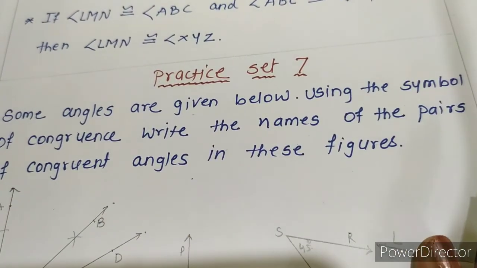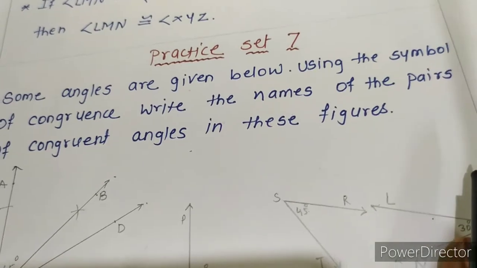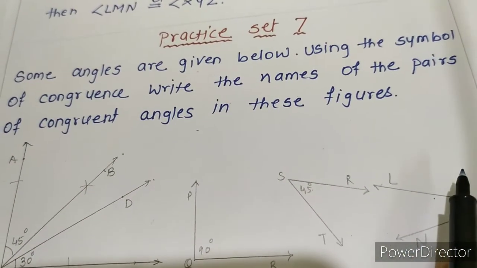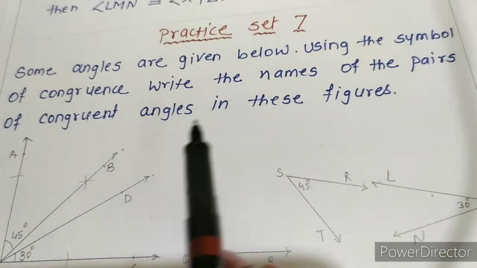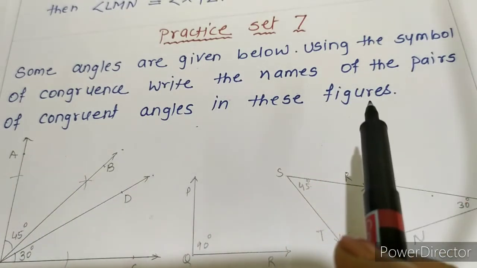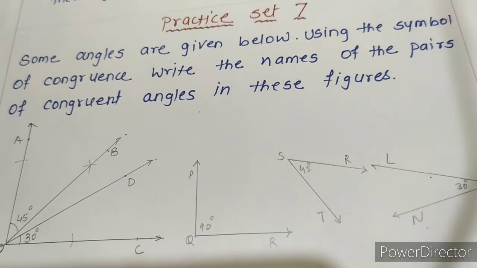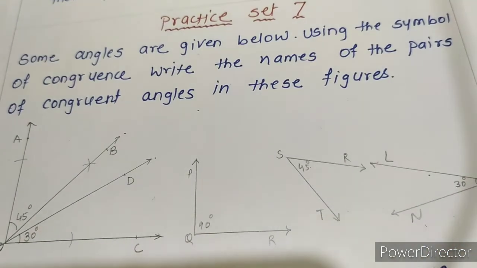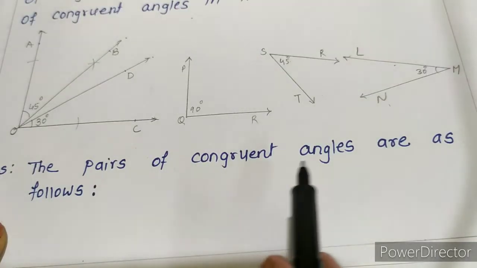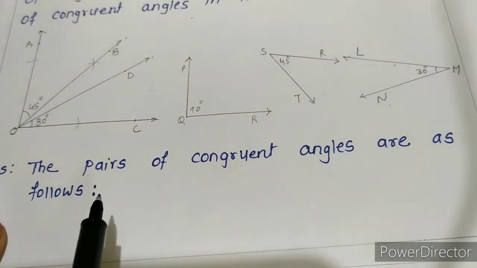Now let's solve practice set 7. Some angles are given below. Using the symbol of congruence, write the names of the pairs of congruent angles in these figures. Here the angles are given and we have to write the congruent angles. The pairs of congruent angles are as follows.